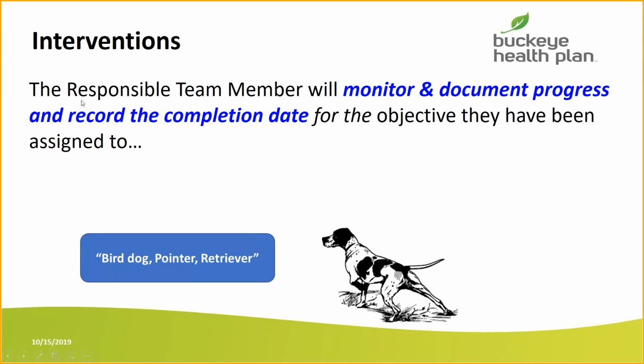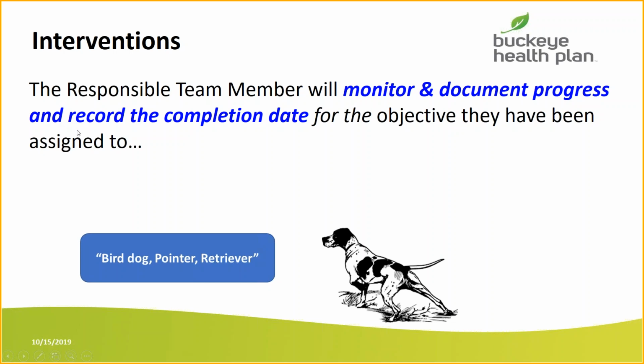The interventionist is a responsible team member that will monitor. Well, how are you doing on this objective I'm assigned? And will document progress. Okay, he's close to finishing this objective, or he hasn't done a single thing on this objective. I don't think he's motivated.